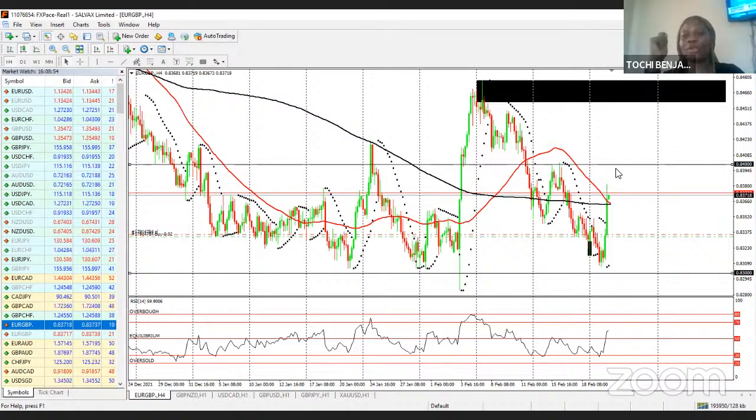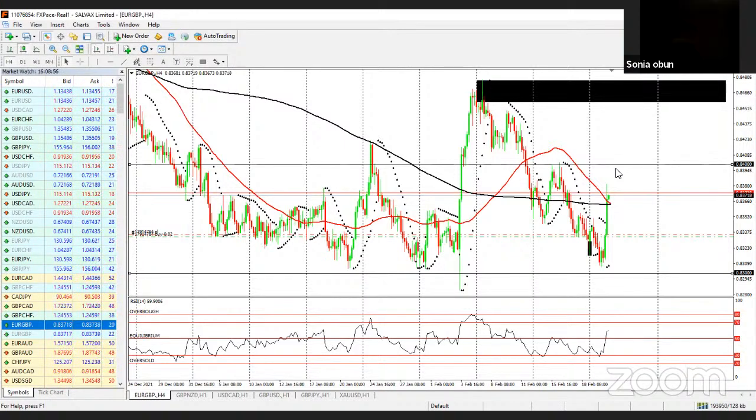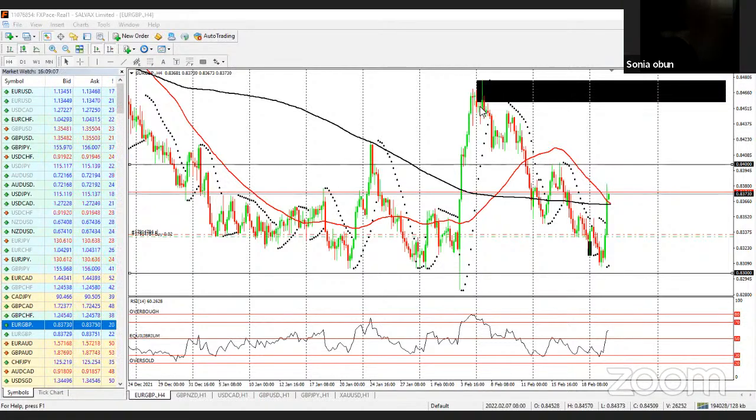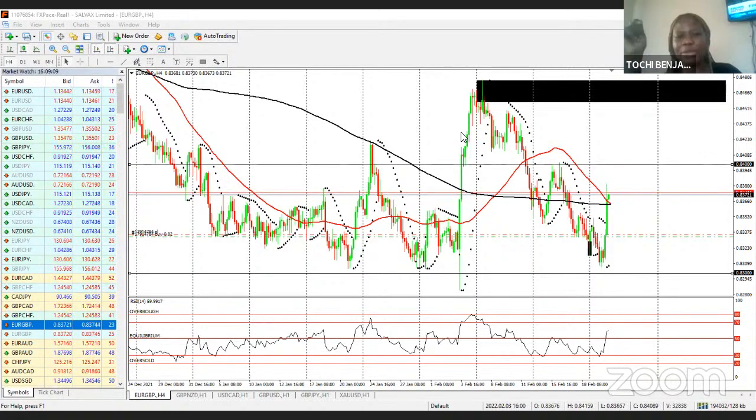I bought Euro GBP at 83,000. My target is 100 pips from my 83,000. That means if price approaches 84,000, which initially reacted as a resistance, I will take my profit at 84,000.